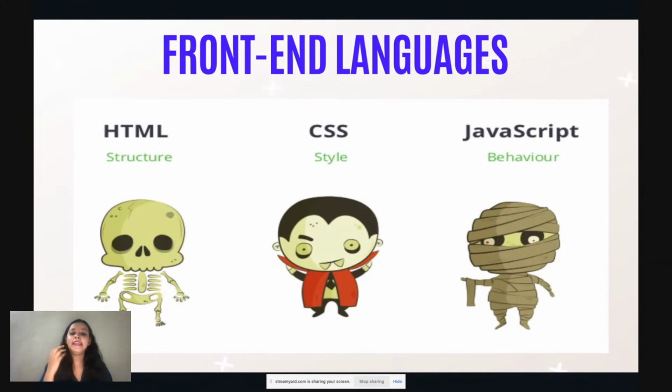So to save from this problem, CSS comes into the picture. CSS stands for Cascade Style Sheet. It helps to make our web page more appealing, more user friendly, and helps user to interact with the website better.